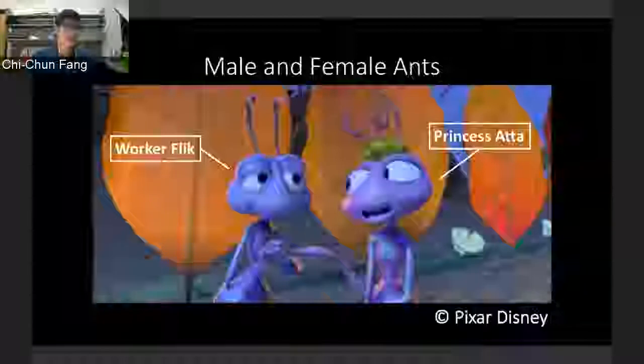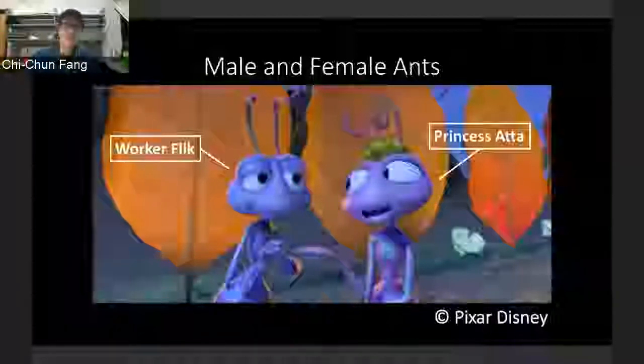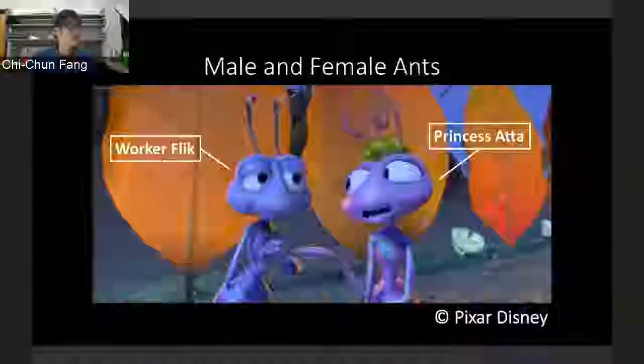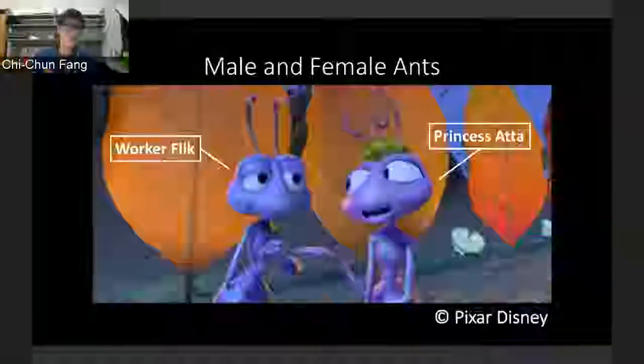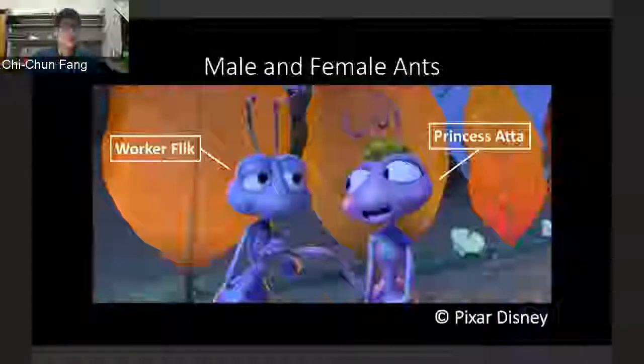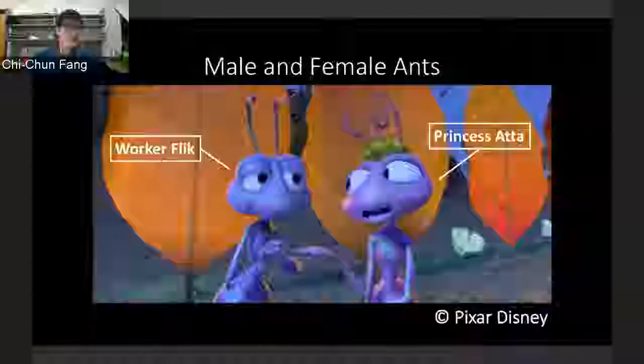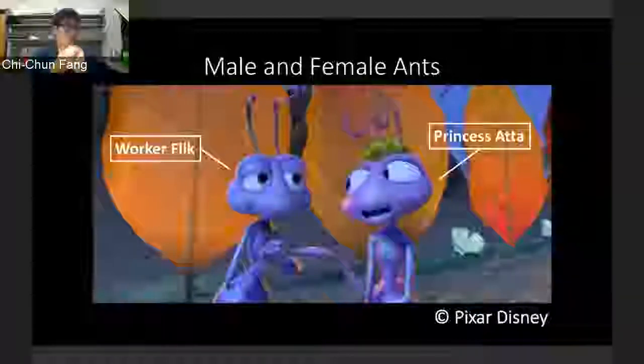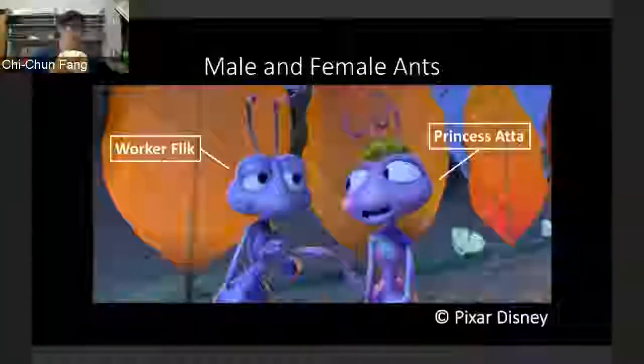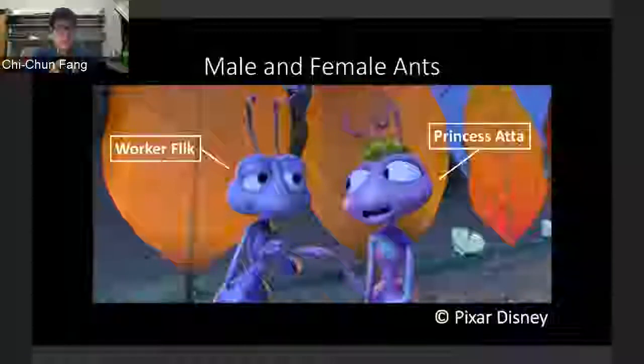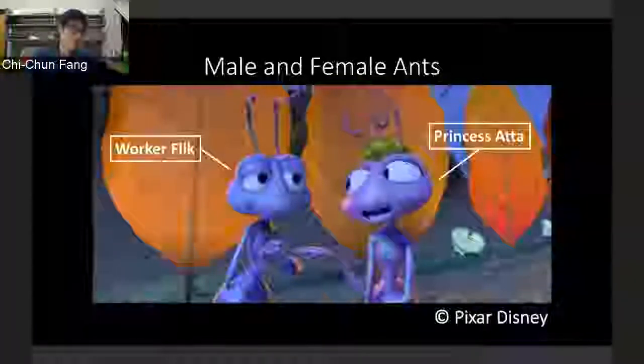His name is Flick. The right-hand side is Princess Atta, a female virgin queen that Flick falls in love with. The first thing Pixar got wrong is that Flick can never be a male worker. There's no male worker.